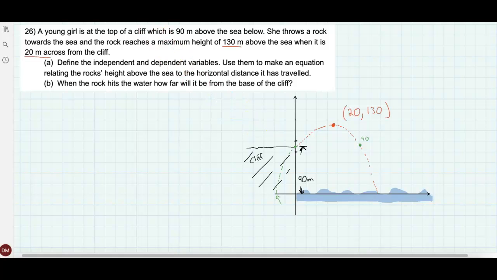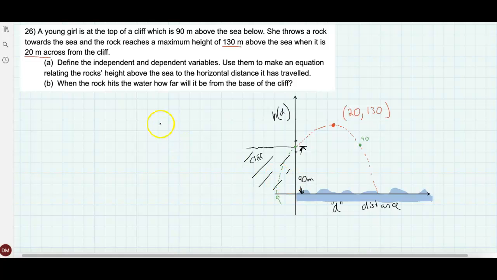All right, so think about this. What do we have so far? Well, the dependent variable is the height. This is the height here, h of d, where d is the distance from the cliff.